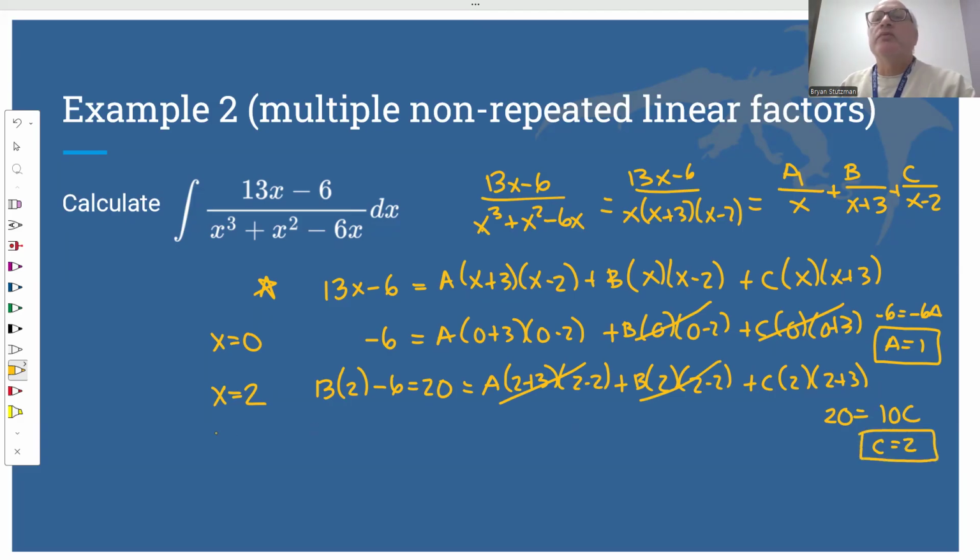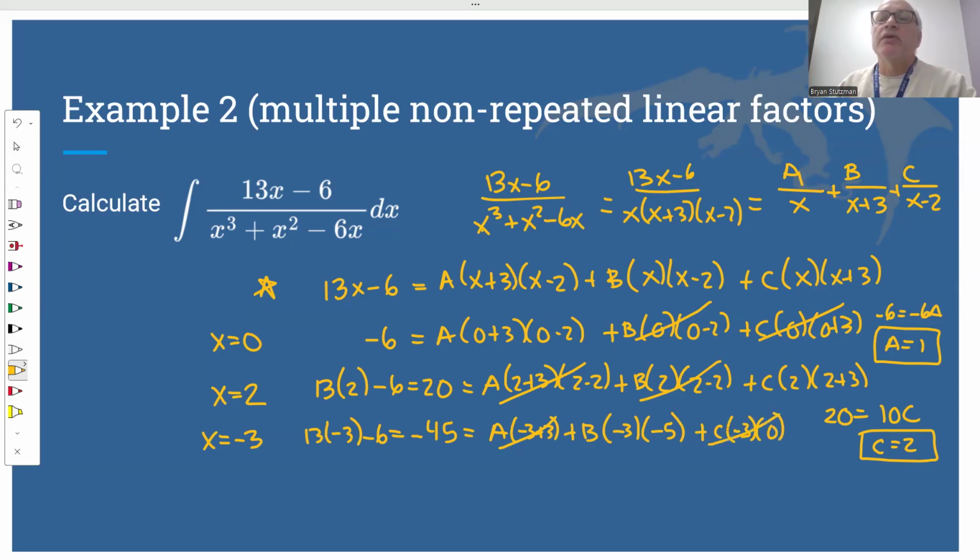Pick another value, and I would let x equal negative 3. That'll give me my last one disappears. Get 13 times negative 3 minus 6, which is negative 39 minus 6, or negative 45. Is equal to a times negative 3 plus 3 times something that's going to disappear, plus b times negative 3 times negative 3 minus 2, which is negative 5, plus c times negative 3 times 0, that will disappear.